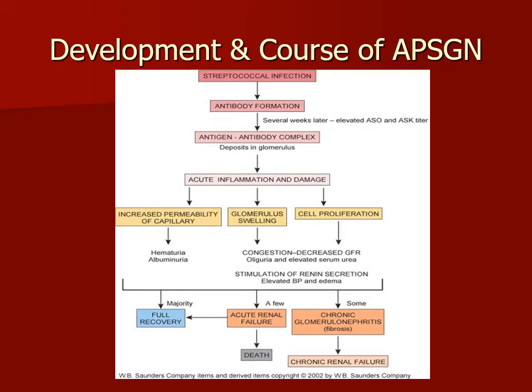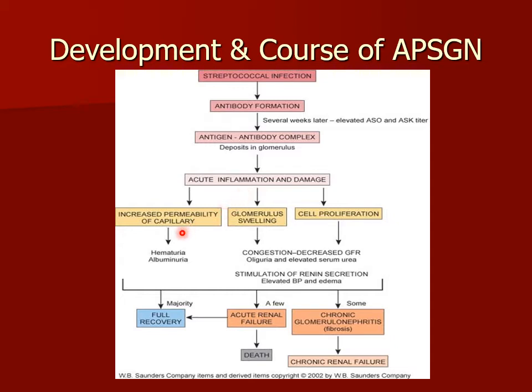This is the development and course of APSGN, and it doesn't hurt to look at this and go over this one more time. So you start out with your streptococcal infection, upper respiratory problem, antibodies form, and several weeks later you notice that these two enzymes are increased, and these antigens will produce antibody-antigen complexes that deposit in the glomerulus, which results in acute inflammation and damage.